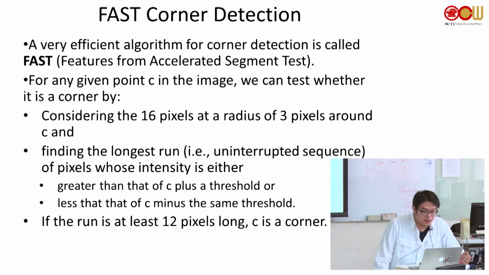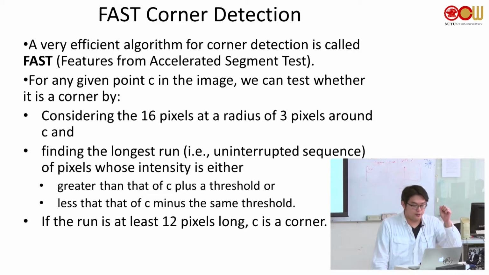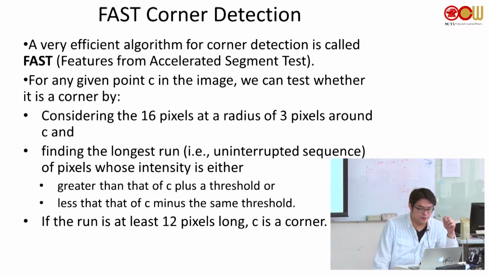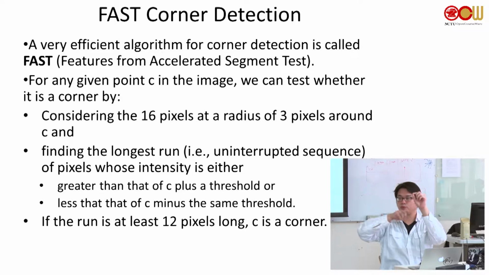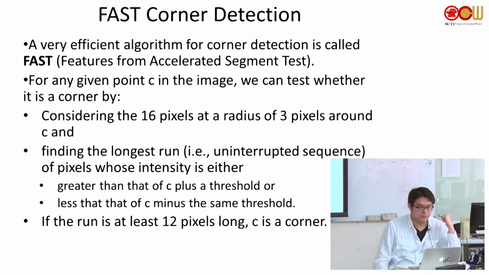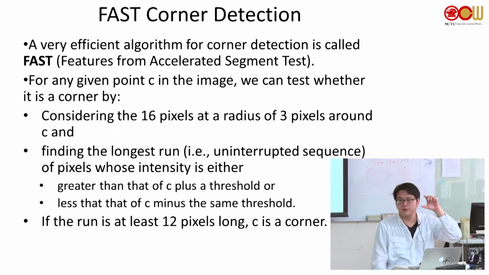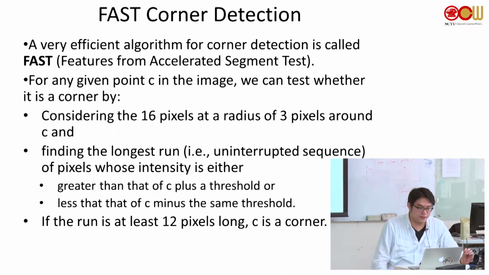So we start with a center pixel C, and we find a radius of 3 pixels. You could see it would be something like a clock. Around that radius r equal to 3, there are 16 pixels on the circle.